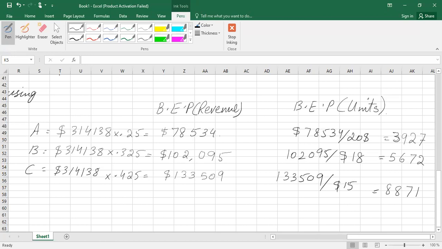So this is the way to calculate break-even point revenue of the whole company. Then how to convert this break-even point revenue into break-even point revenue of each product, and then into break-even point units. Next technical point is how to draw the profit volume chart.